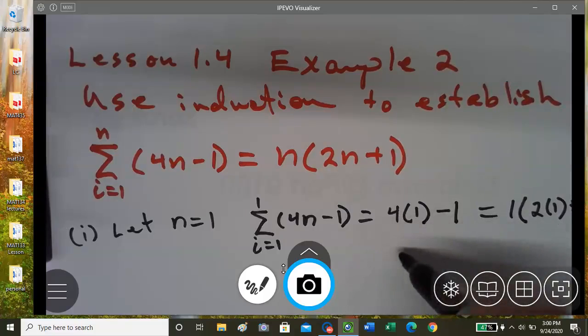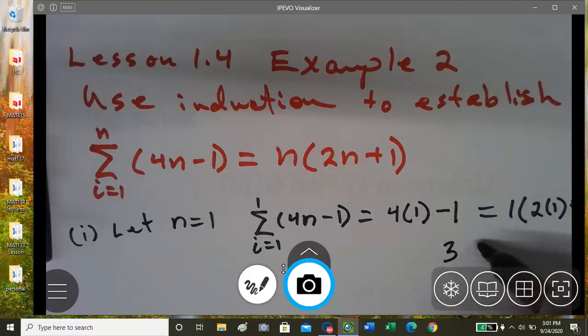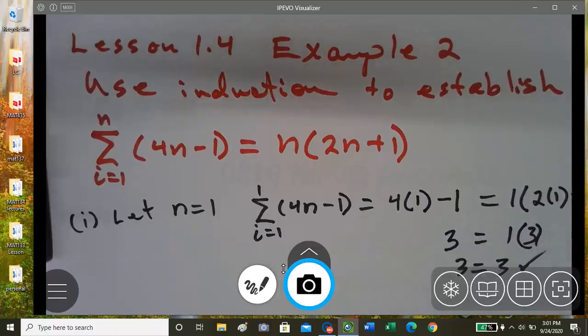So 4 times 1 is 4, minus 1 is 3. 2 times 1 is 2, plus 1 is 3. So 3 times 1 is going to be 3, equals 3. So part 1 checks.